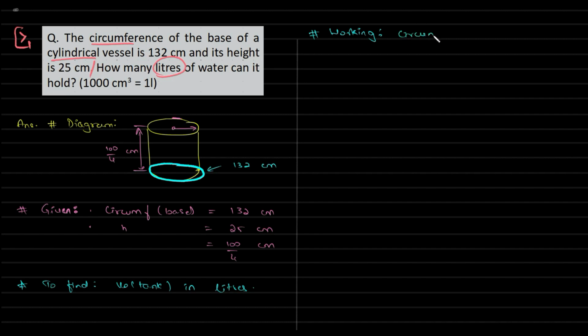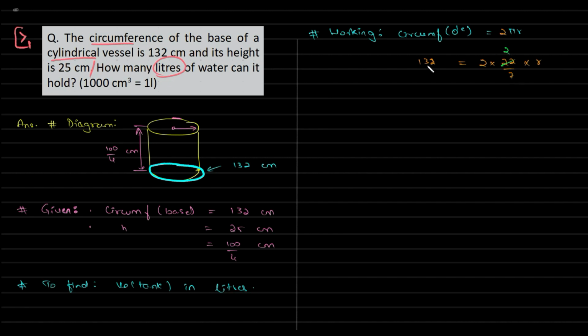So we have the circumference of the circle, which is given by pi r square, and we have 132, which is equal to 22 by 7 into the radius that we need to find. Oh sorry, this is not pi r square, this is 2 pi r. 132 equals 2 into 22 by 7 into r.